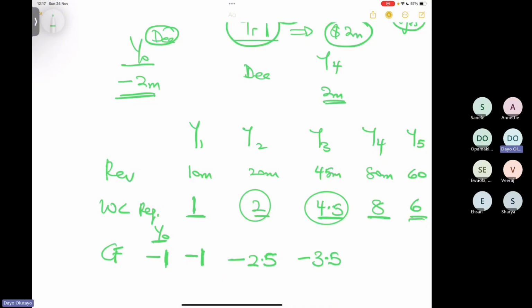But in year 4, we have 8. In that case, we don't need to buy more, but rather we need to sell part of what we have, and that will be plus 2. Because we are selling out of the 8 so that we can open year 5 with 6. And at the end of year 5, we're going to dispose of the 6 that we have left. So that's plus. So this is your cash flow for working capital.